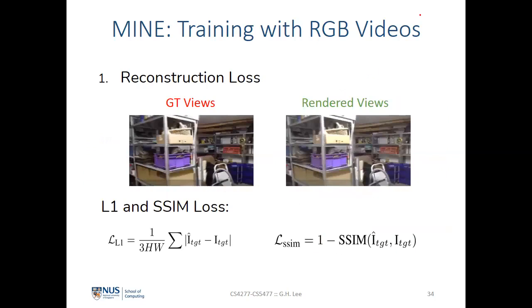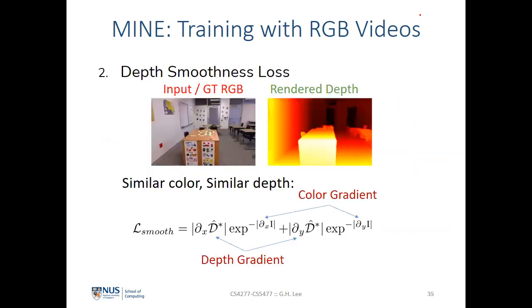There are several loss functions. There's the reconstruction loss, which is the L1 loss for photo consistency between two views, and then the SSIM, which is the structural similarity loss, and we also have a depth smoothness loss. I mentioned all this before when we talked about stereo using deep networks, left-right consistency stereo. What this means is that I want to make sure that the color gradient and the depth gradient are smooth, so I want to minimize this gradient here.